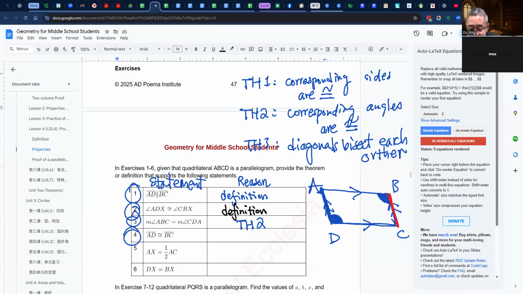Yep, very good. Theorem one. And five, we're going to say this line and this line.